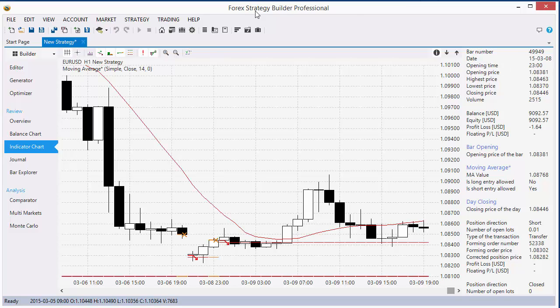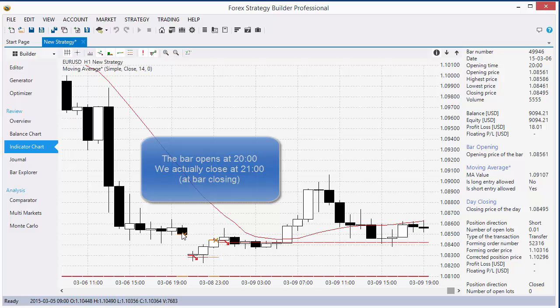This is the opening time of the bar, 23 o'clock, where we close, because the next bar is 00. This is the next day. So we're closing at the end of the last bar of the day. Here we're closing at 20:00 because it is Friday and the market closed here.